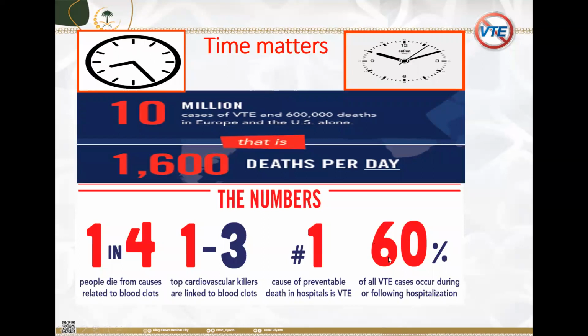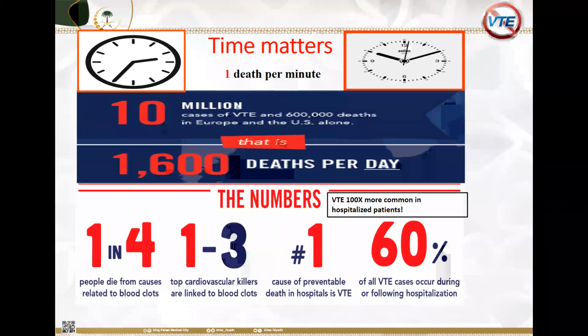And why we focus on hospitalized patient is because 60% of all venous thromboembolism cases occur during or following hospitalization. So hospital-acquired VTE accounts for 60%, which is really more than half. And it could be surgical or medical patient, as broad categories. And why is it more in hospitalized patient?